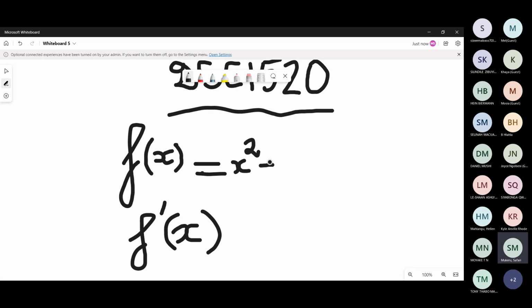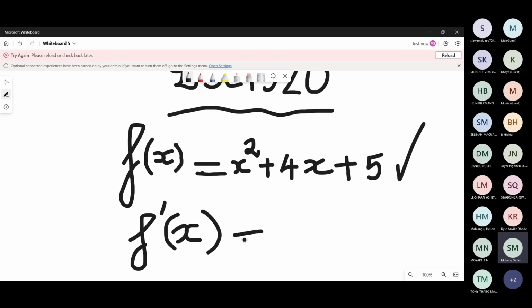x squared plus 4x plus something. Please give me a number there that you like. No one is willing. Okay, let me take 5. This is given. How do we compute the derivative of the function f?